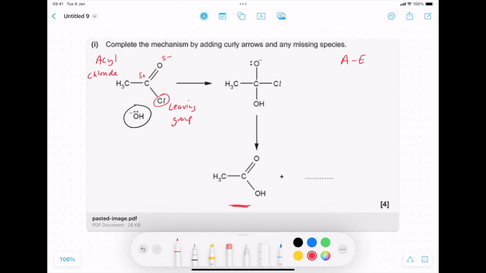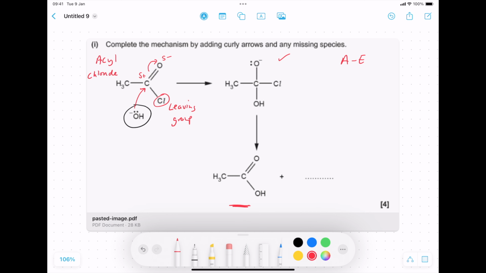So let's take a look at the steps. In the first part, the lone pair on the hydroxide is drawn to the delta positive, and then that pushes the electrons up to the oxygen of the C double bond O. Then that takes us through to this tetrahedral intermediate.